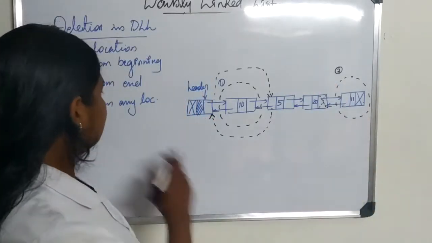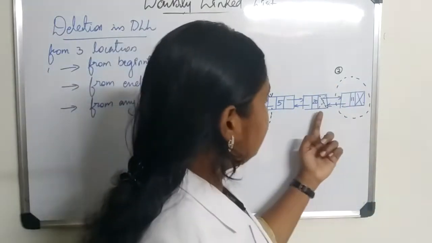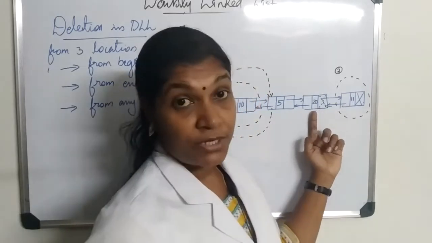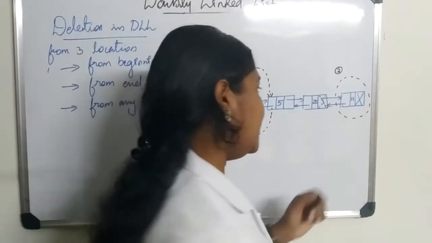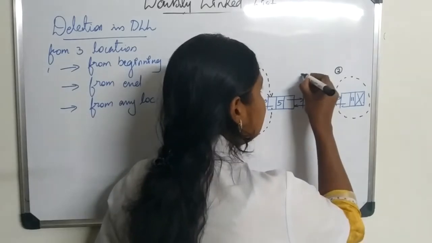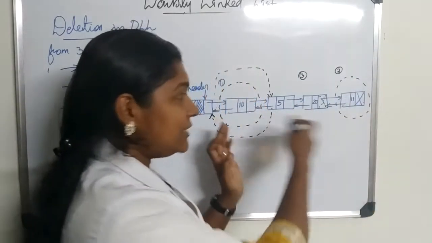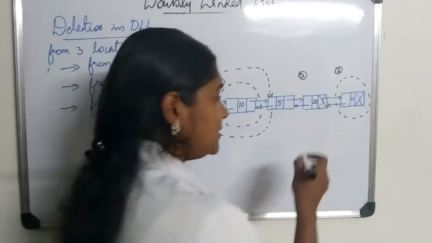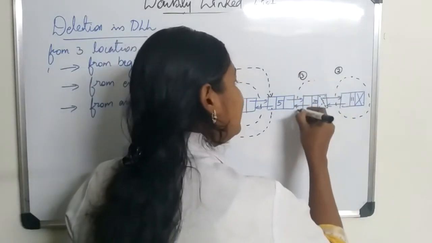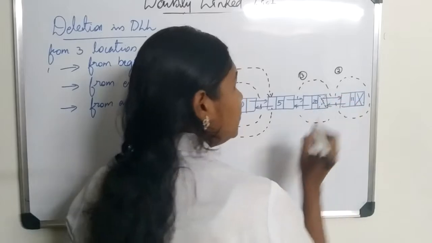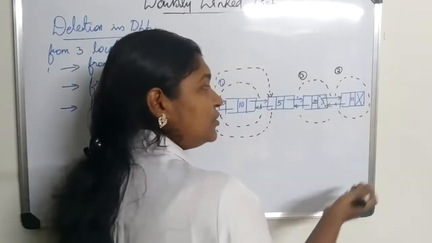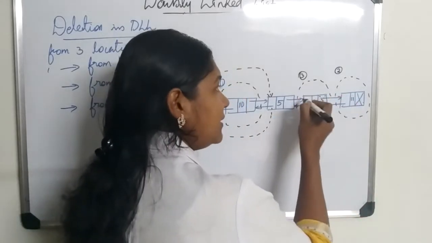Then for the third case, from any location, suppose I am specifying the element 20 as our key value. Then this is case 3. This is just for your understanding; I am mentioning all these three cases in a single diagram itself. In case 3, we would be deleting this node. What rearrangement of pointers is required in case 3?